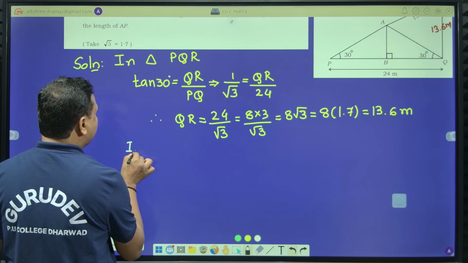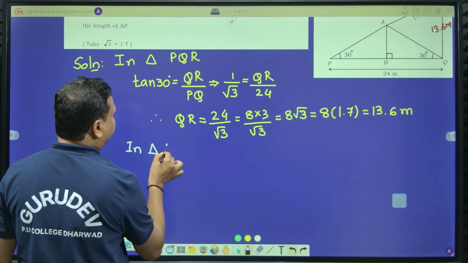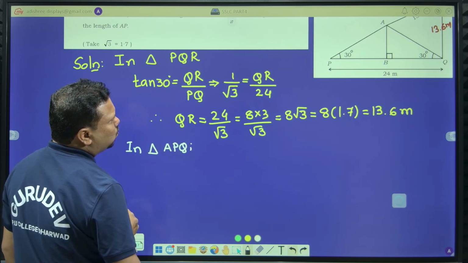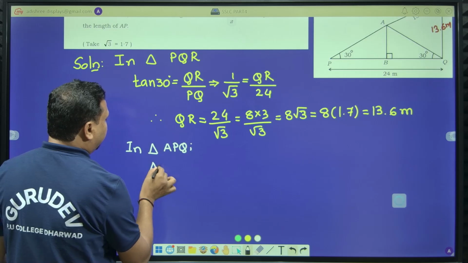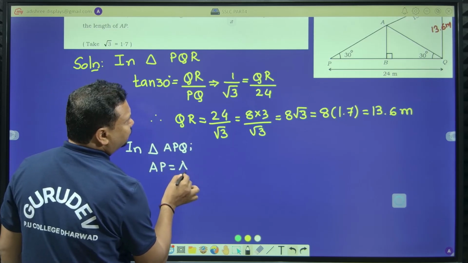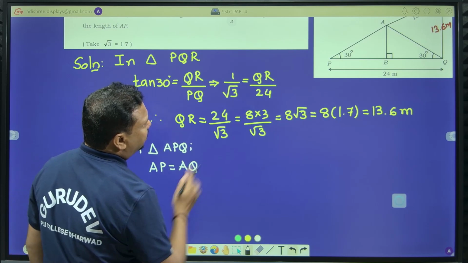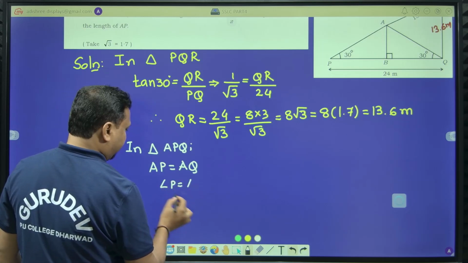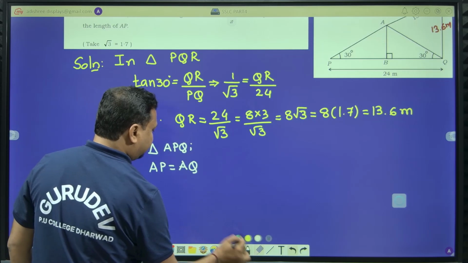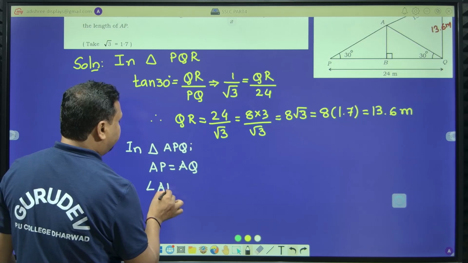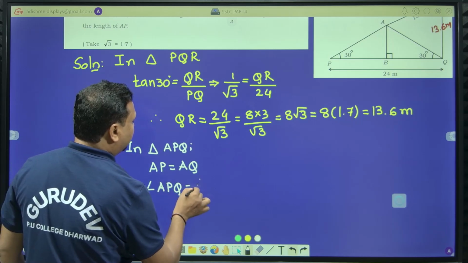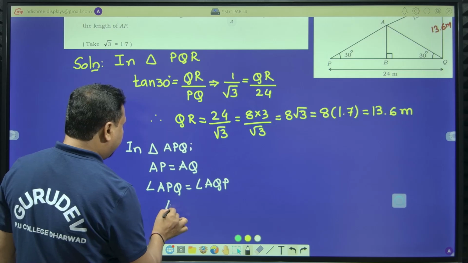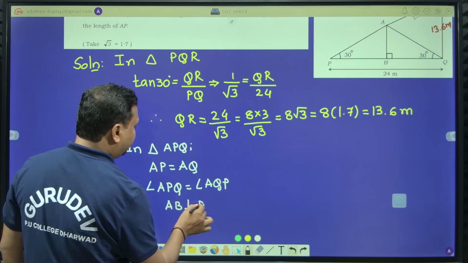In triangle APQ, AP is equal to AQ, and also angle APQ is equal to angle AQP, and AB is perpendicular to PQ.